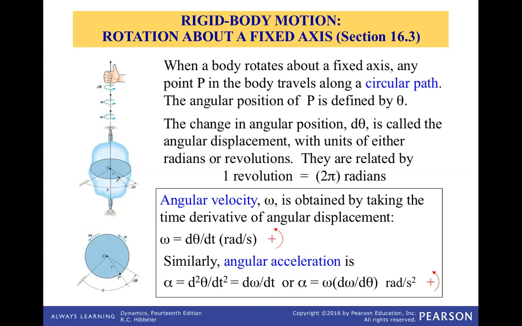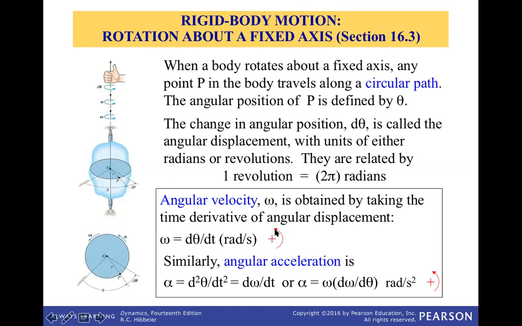So if we define that angular position theta, then angular velocity can be defined similarly to what we had for linear motion. You take the derivative of the angular position with respect to t, which will give you the angular velocity omega, okay? So typically we take counterclockwise to be positive for the angle.